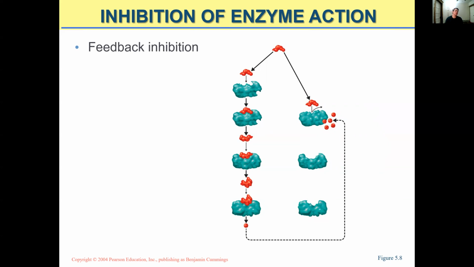So in many anabolic pathways, the final product, here represented by these little dots in the diagram, is produced when the reaction takes place.